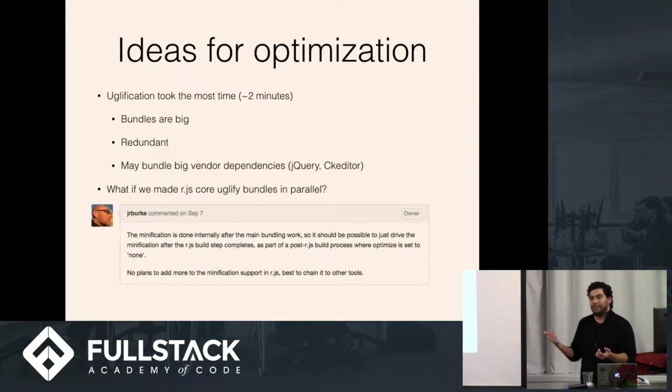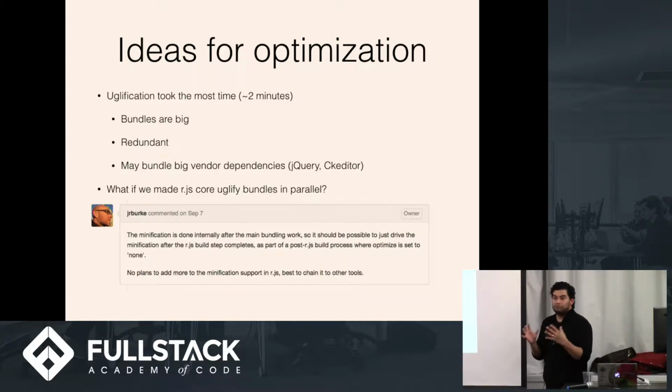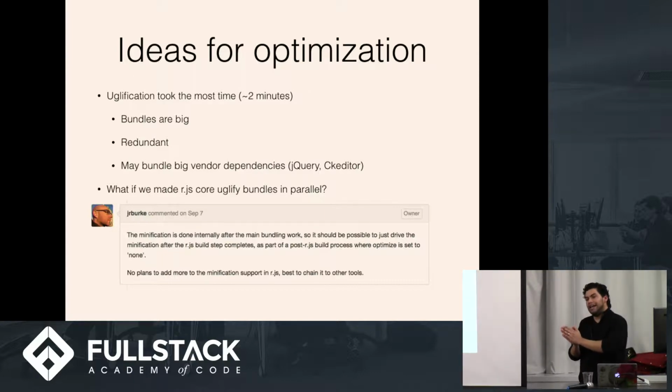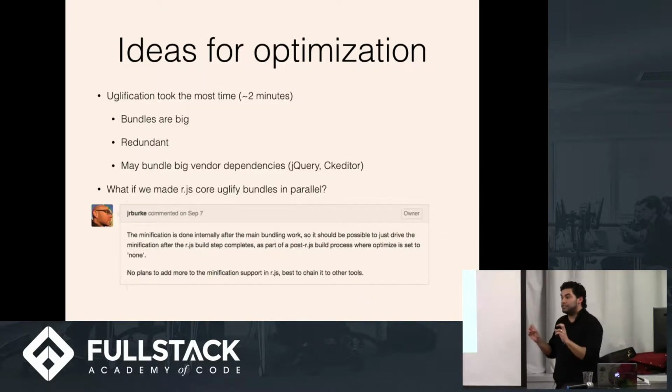Or we use a text editor called CKEditor. Any sort of large vendor file, if you accidentally bundle those in, you end up with a massive bundle that then has to be uglified. And the way uglification can really save you bytes is by formally analyzing the entire source code, determining how it might, in a global sense, optimize that file, and then generating a new compressed file from that.